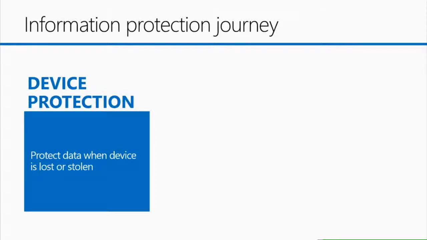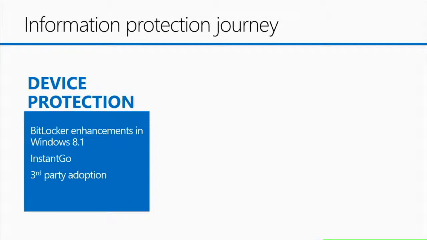If you were at TechEd or any other conference 10 years ago, this was the pitch we had for BitLocker. This is when you lose your laptop in the back of a cab and making sure that data stays protected. We have had BitLocker for about 10 years now, but we have made a lot of improvements to BitLocker with Windows 8.1 and even more so with Windows 10.